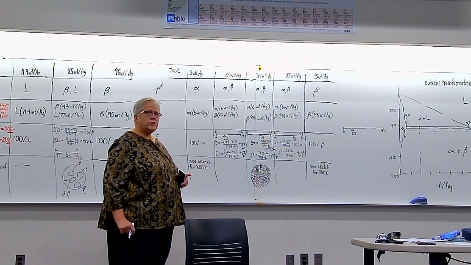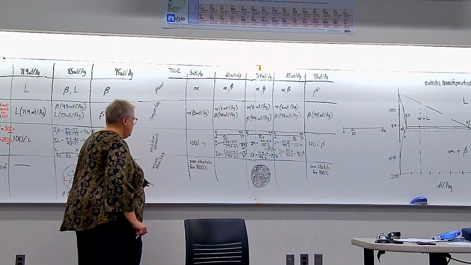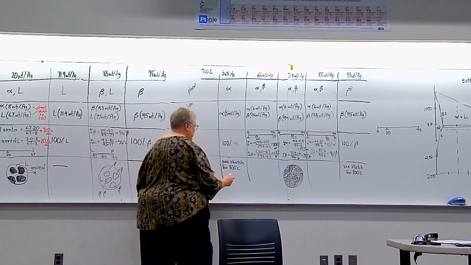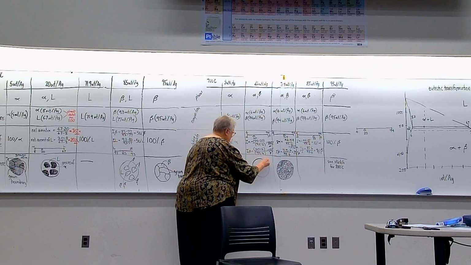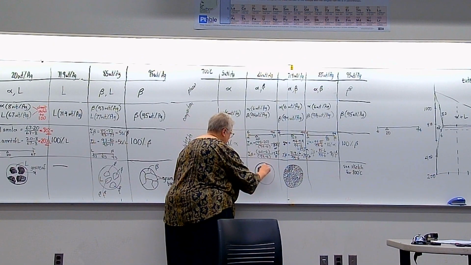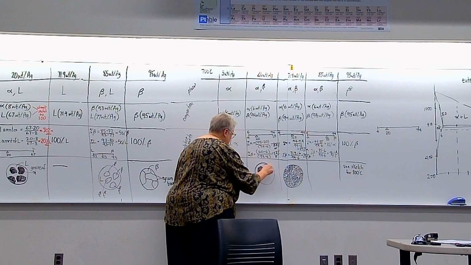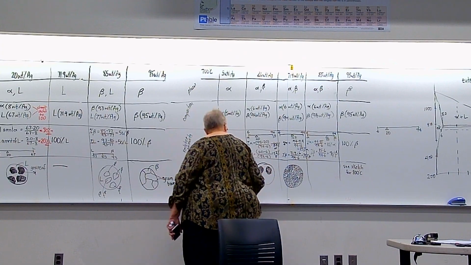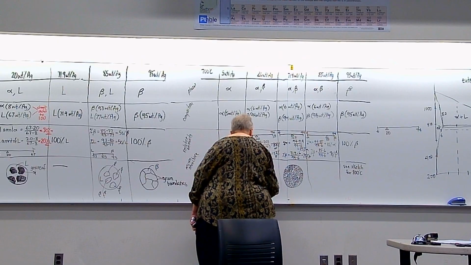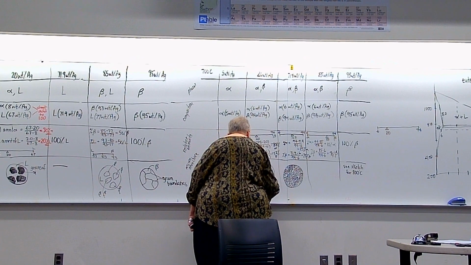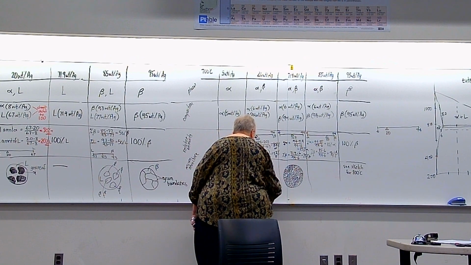Just hang with me for 2 seconds. What I had over here at 700 was grains of alpha. Quite a lot, I think it was 75% alpha. I still have those grains, and it's the liquid that was left that made eutectic structure.